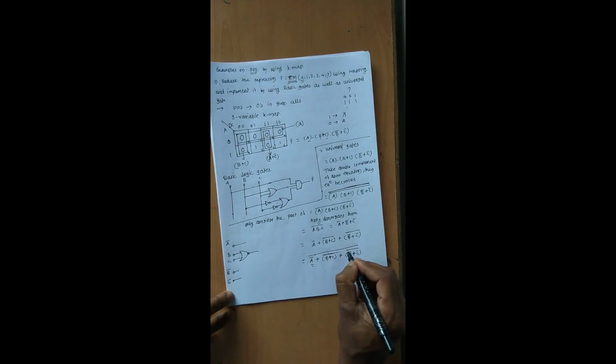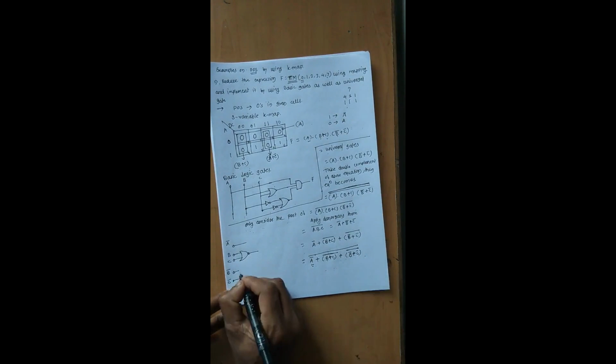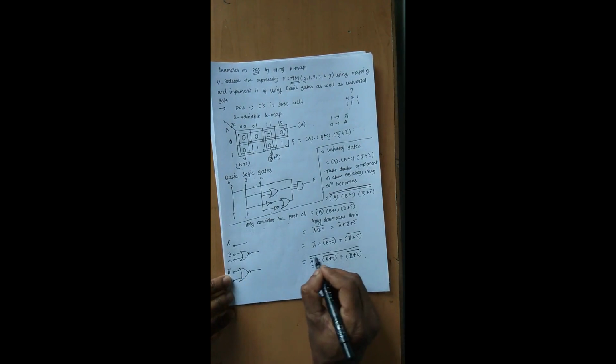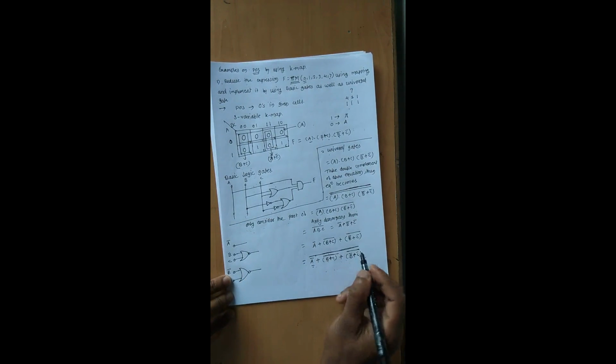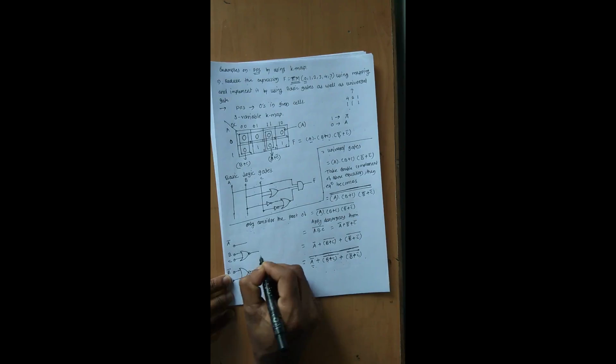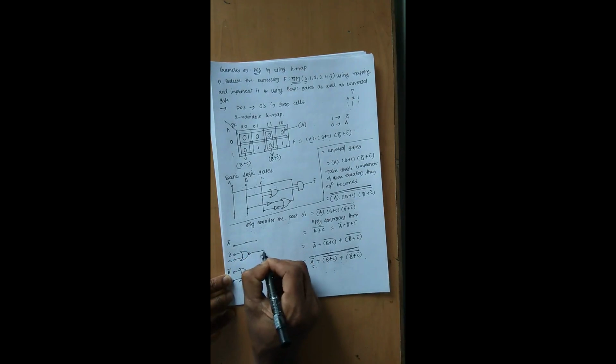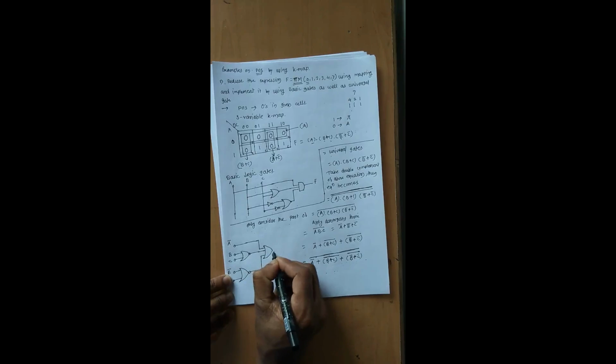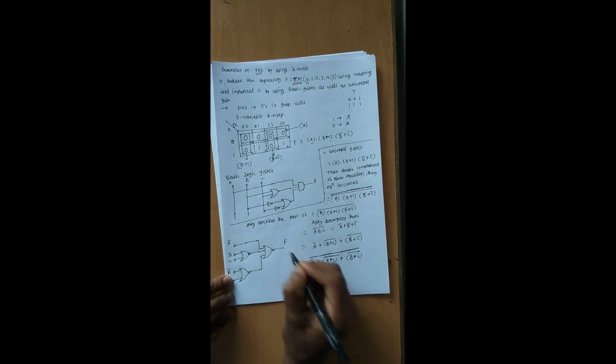They are again ORing as well as complement, so we take once again NOR gate, and hence they are again complemented with addition with each other. So we take once again OR gate, and this is the final equation.